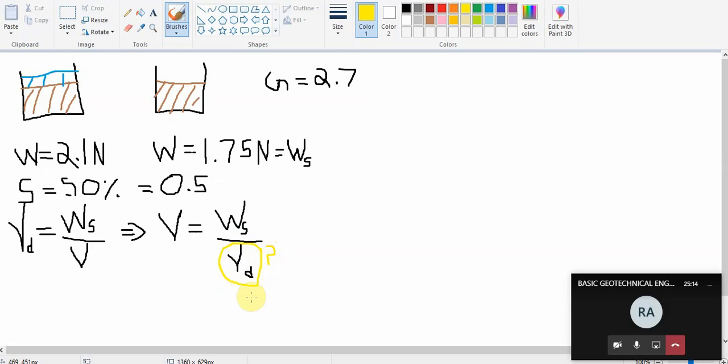To calculate dry unit weight, we'll make use of this expression: G times gamma W divided by 1 plus e.